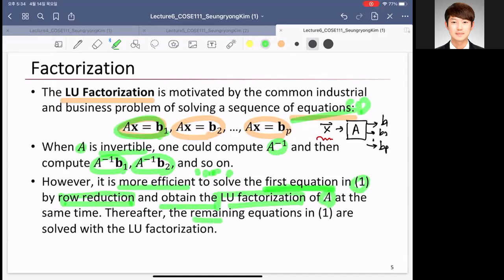Thereafter, the remaining equations can be solved with the LU factorization, which is more efficient compared to computing the inverse of matrix A. That's the topic of LU factorization.